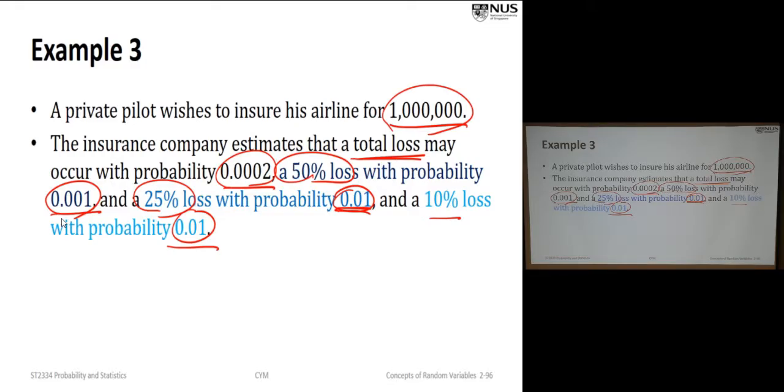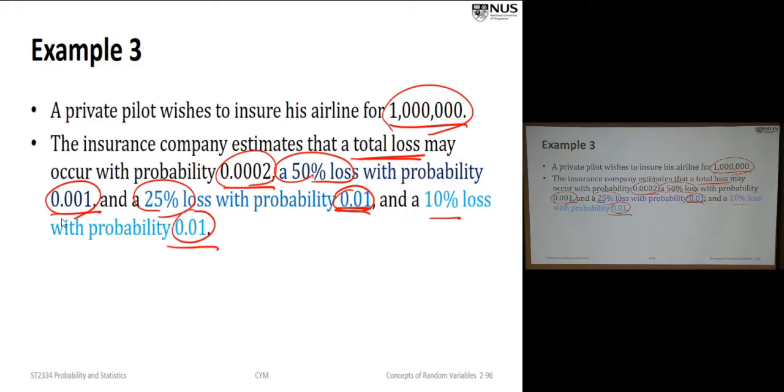Although it's not mentioned, I think we have to assume that the last chunk refers to no loss. You buy car insurance, you buy accident insurance, you don't expect that an accident will occur, right? With this probability there may be no accidents. So the same applies, no loss.